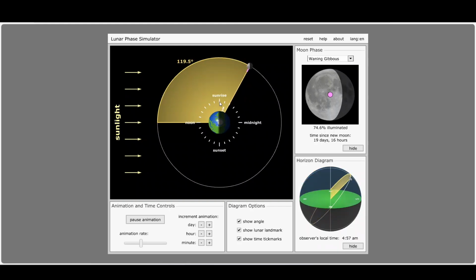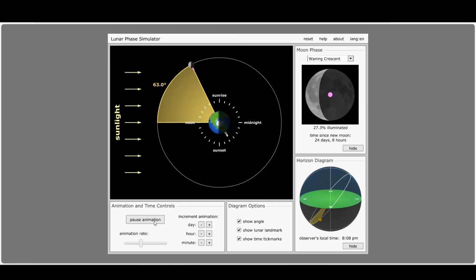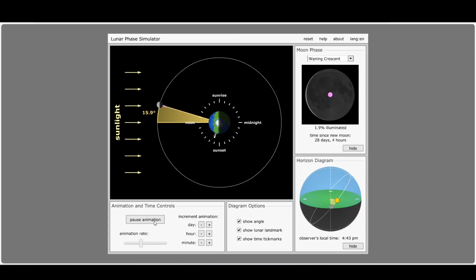At the sunrise mark, it will be a waning quarter moon until it reaches the new moon again. And there we go. That is a full cycle of the moon.